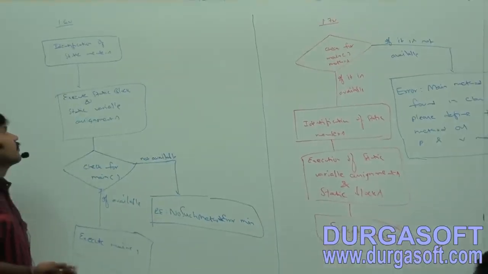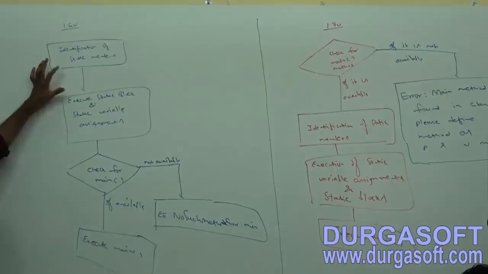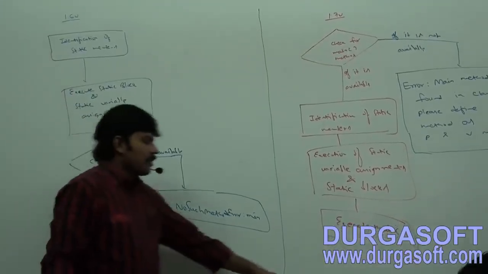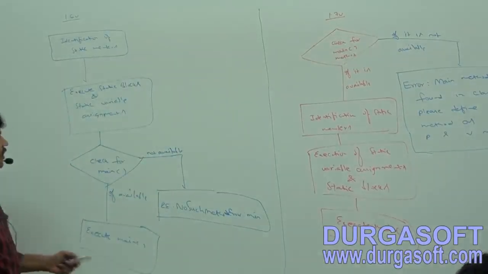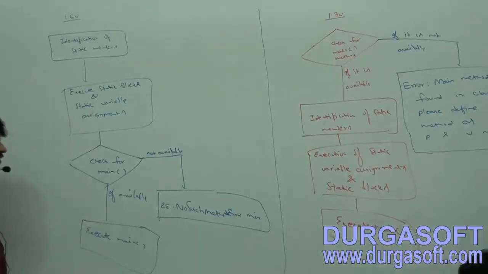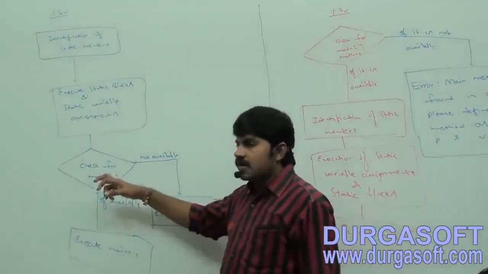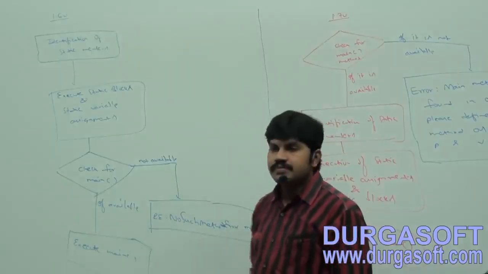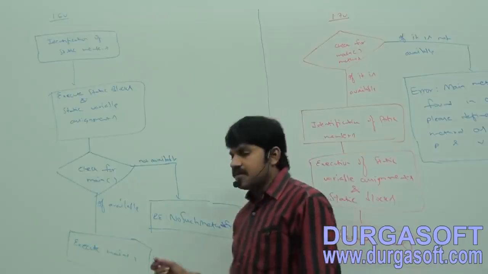1.6: identification of static members, execute static blocks and static variable assignments, and then check for main method.